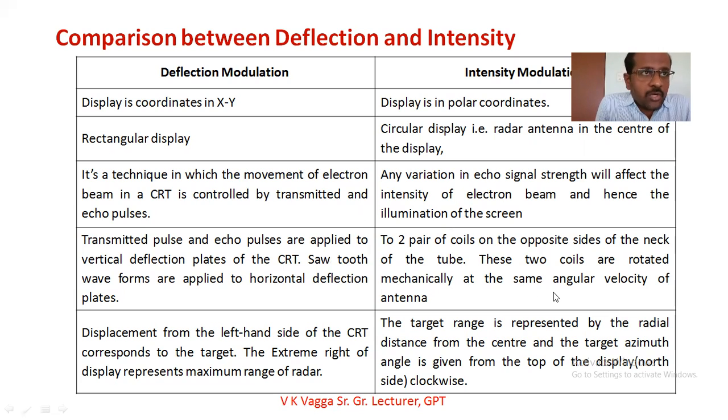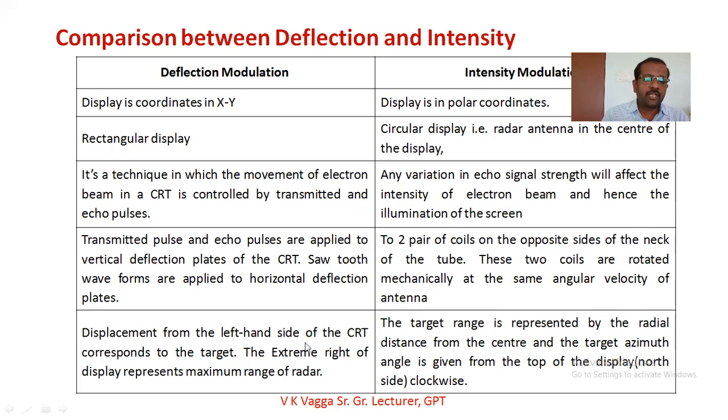So according to the rotation of the angle, it gives you the actual display of the target. After explaining the plane position indicator, you can understand this very clearly: how it is rotated mechanically, and according to the rotation it gives you the information about the target.